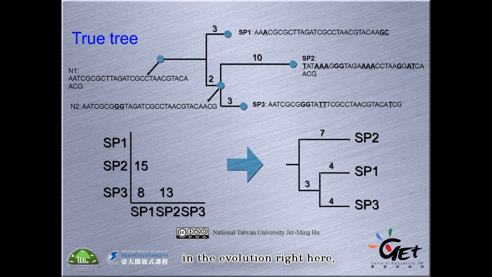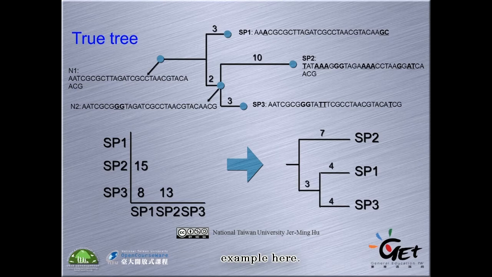In the evolution right here, because SP2 has a long branch, that makes SP1 and 3 very similar on this tree, because they are all very different from SP2. So they force SP3 and SP1 together first, because they are more similar to each other compared to the long branches.